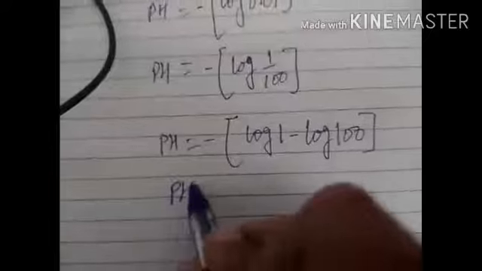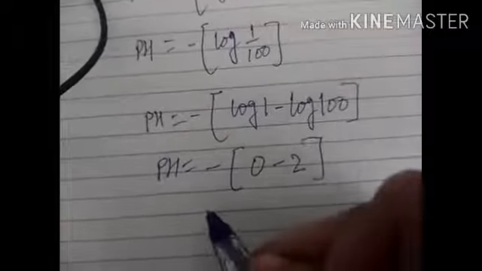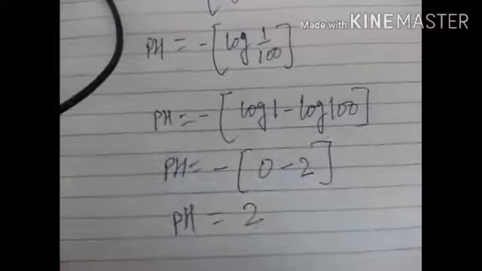Now if you see the logarithmic table, you will see that the value of log 1 is 0, and log 100 is 2. So the value will become 2. So the pH of this solution is 2.